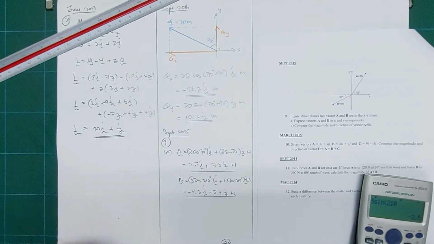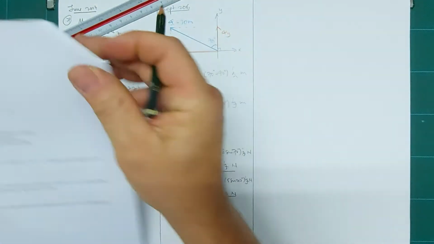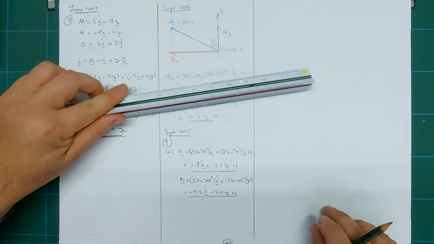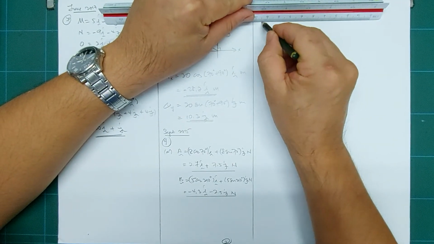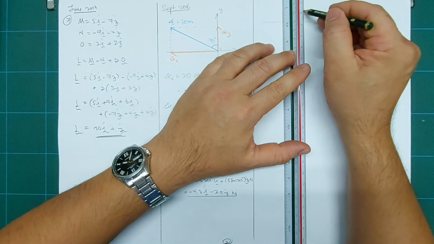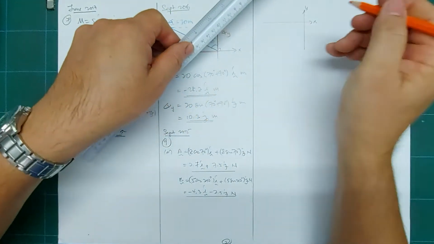Compute the magnitude and direction of A plus B. You already have them in component format, so now we draw that vector using our coordinate system, x and y.